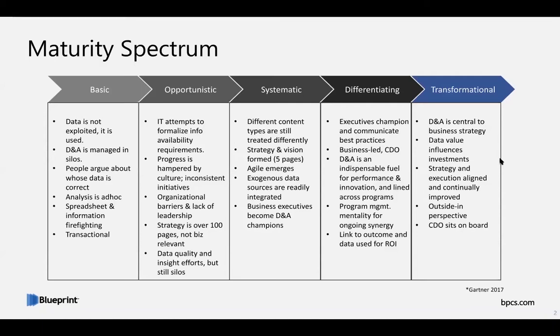All right. As we move into systematic and into differentiating, we start to see a shift where the data becomes crucial to the overall strategy of the business. It's not just about generating systems that generate data and utilizing that data for insight and analysis. They're starting to figure out ways to monetize the data potentially.